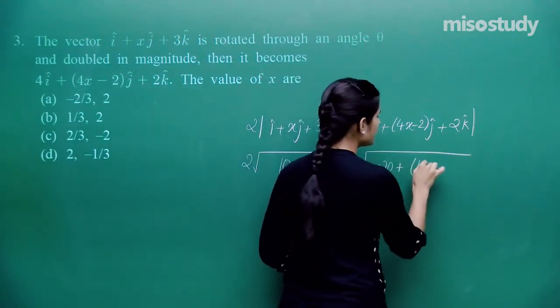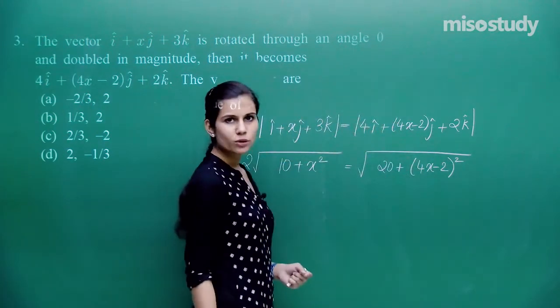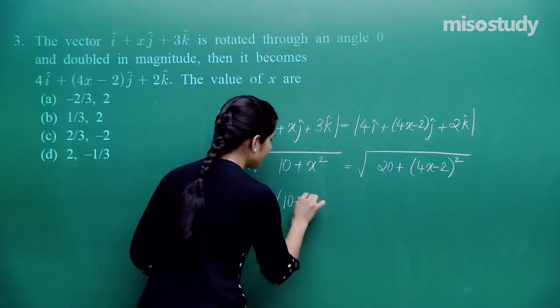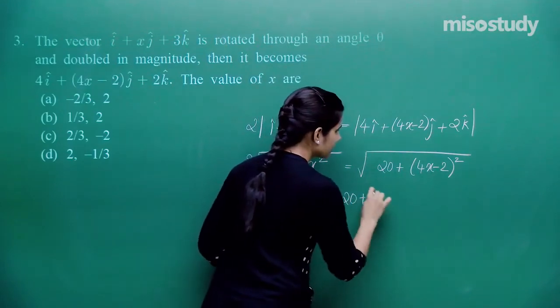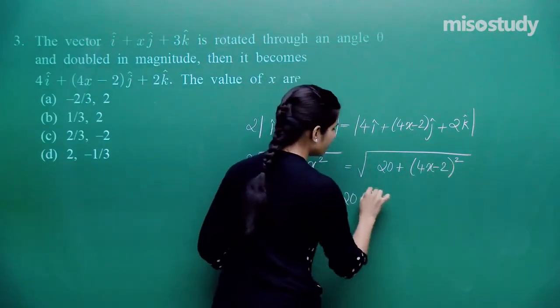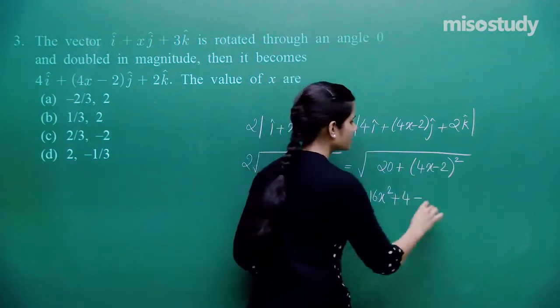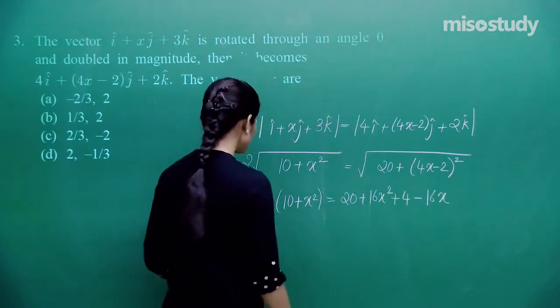plus 4x minus 2 whole square. Obviously, the next step is going to be squaring both sides. I am going to get 4 times 10 plus x square is equal to 20 plus 4x whole square. That means 16x square plus 4 minus 16x. So what is it that you have?